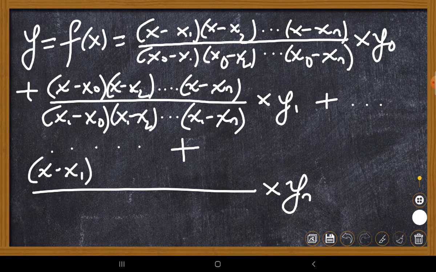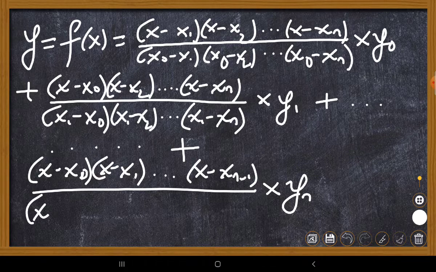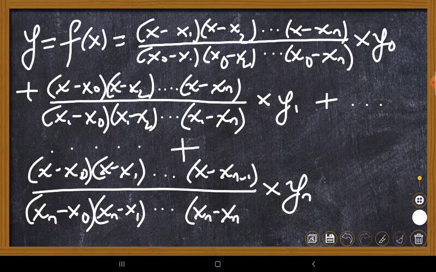So here x minus x naught, x minus x1, and so on, x minus xn minus 1. And then in the denominator you have xn everywhere: xn minus x naught, xn minus x1, and so on, xn minus xn minus 1.